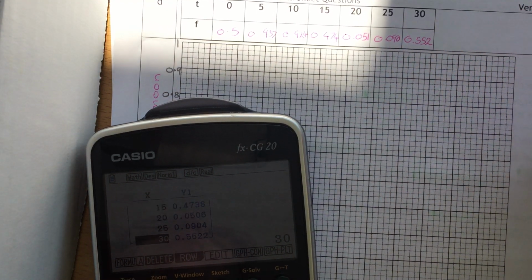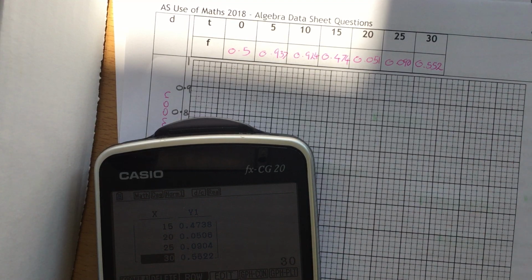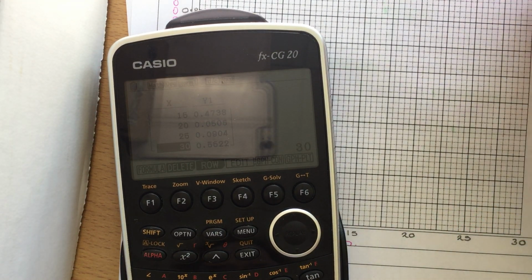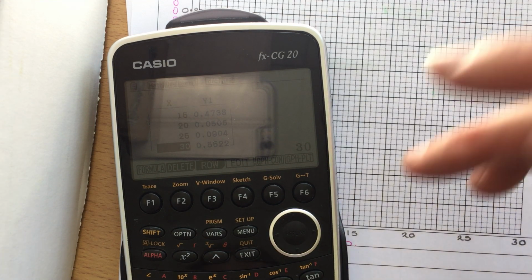It's worth noting that this doesn't actually give us our maximums or necessarily all of our points where it's going to cross the middle.